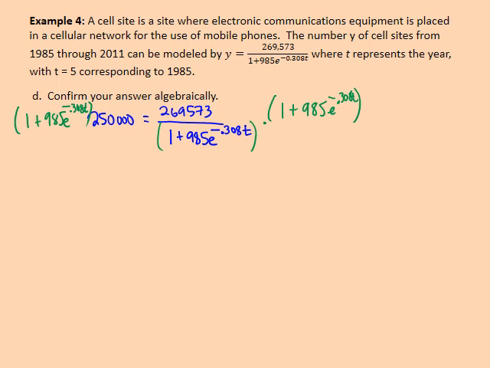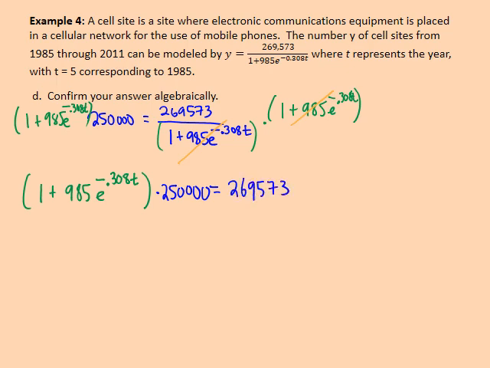On the right side, it just goes away, and on the left side, it's still there. So we have 1 plus 985 times e to the negative 308 thousandths times t, times 250,000. Oop, I missed a zero. Equals 269,573.